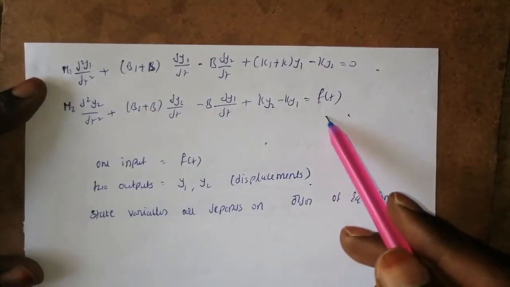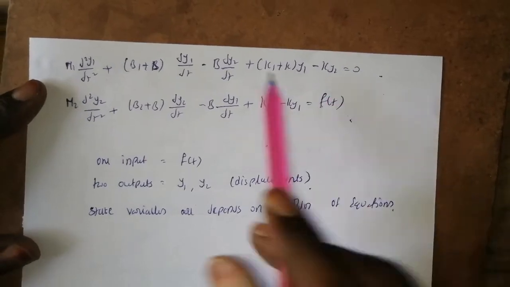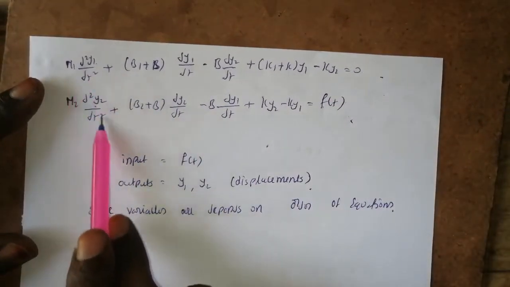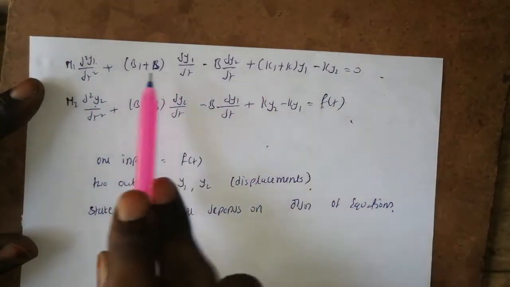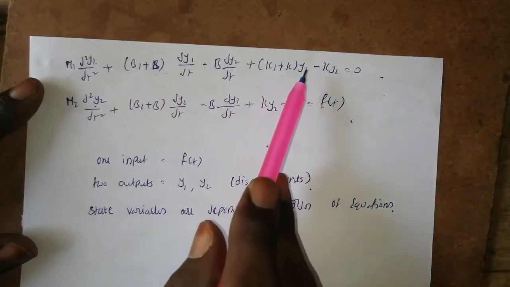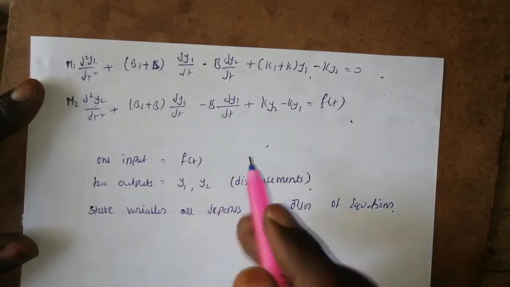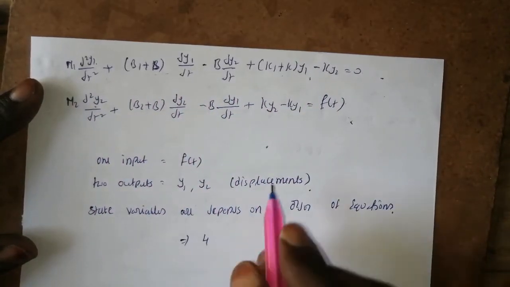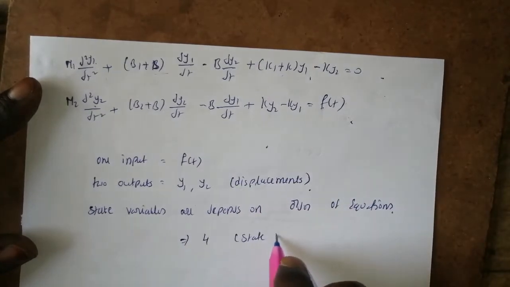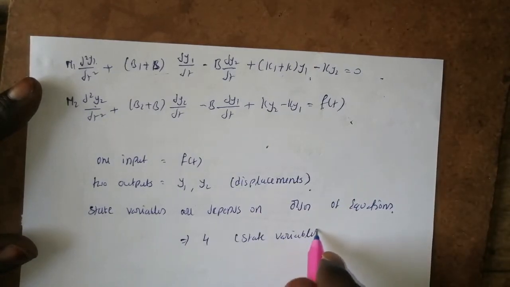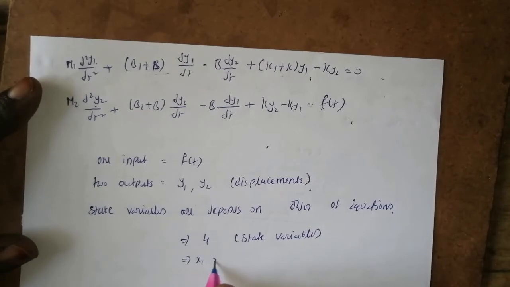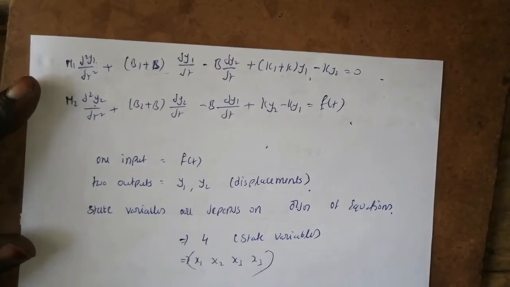We have two equations with second order terms, d square y by dt square, so for each equation we get two state variables. For both we get four state variables, x1, x2, x3 and x4.